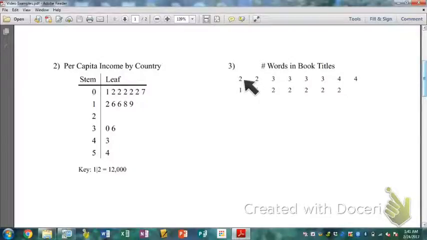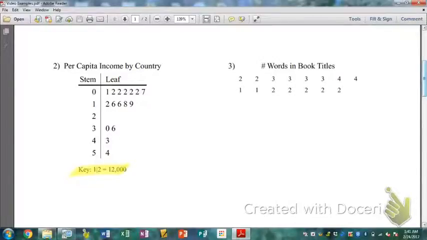When you go to that table in stat edit, you're just going to type in each one individually there and go through like you did before. Stem and leaf plot's a little bit different. Stem and leaf plot, there's a key. This key is important because it tells you what each number means. So for 1 with a 2 beside it, that means 12,000. So I'm going to give you an example on this one here.